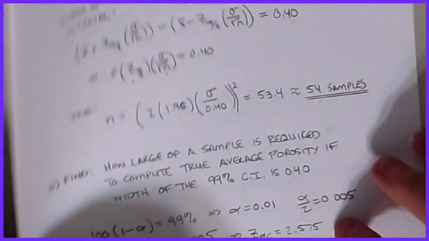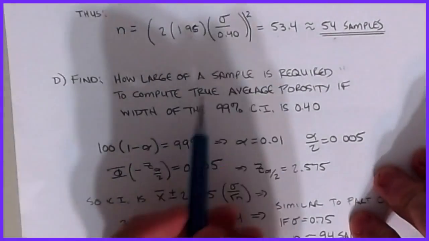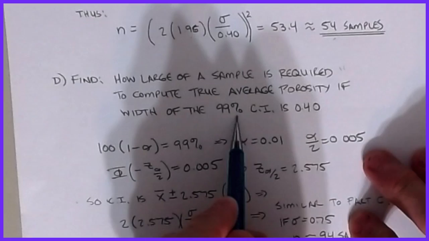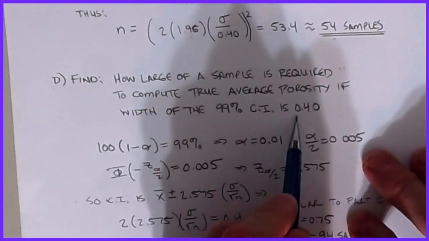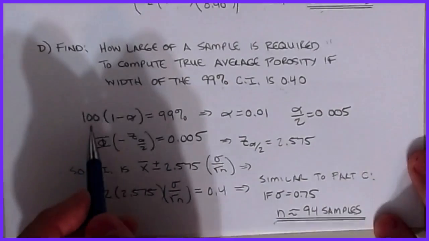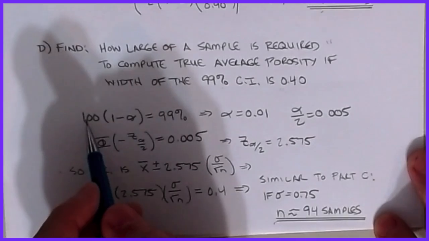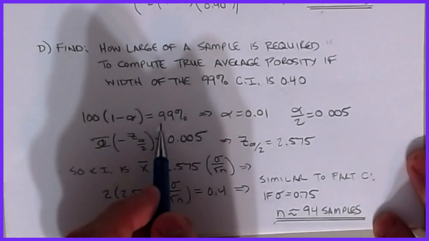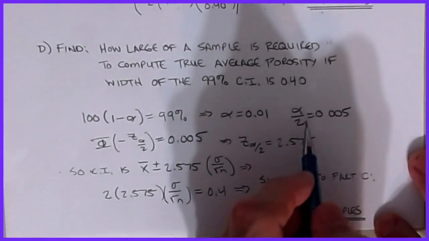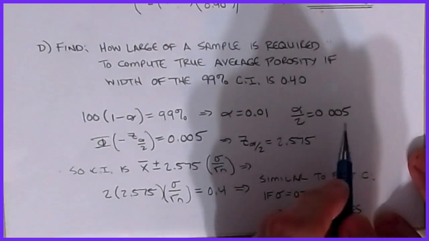Now, just for good measure, let's see how large a sample is required if we use a 99% confidence interval and the same width value. You'll see something interesting. If I work this backwards, 100 times 1 minus alpha is 99%. My alpha is 0.01, so alpha over 2 is 0.005.